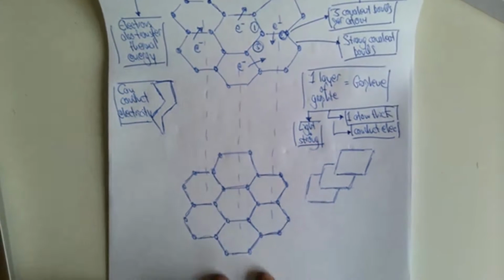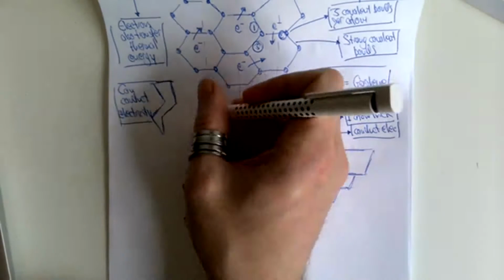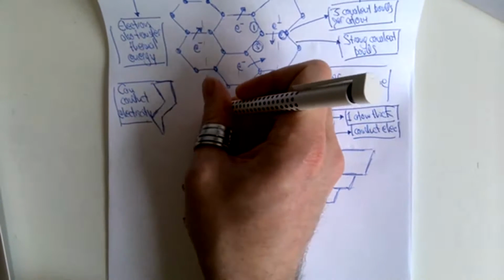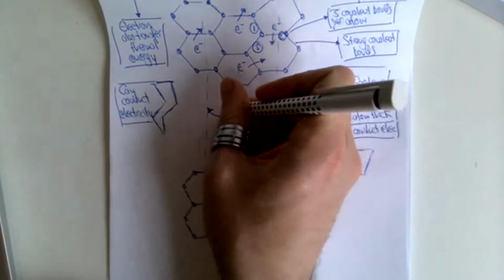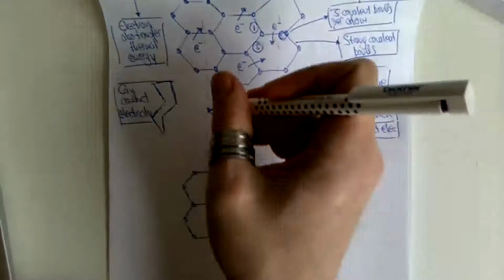But when we have layers of graphene and graphite next to each other, they form between the different layers, what these dotted lines represent: very weak intermolecular forces, so between molecules.